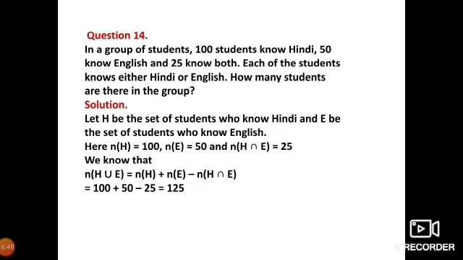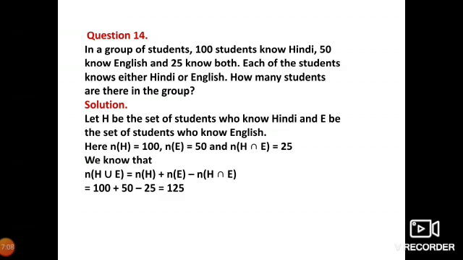Similarly, with the same method, another sum. In a group of students, 100 students know Hindi, 50 know English and 25 know both. Each of the students knows either Hindi or English. How many students are there in the group?